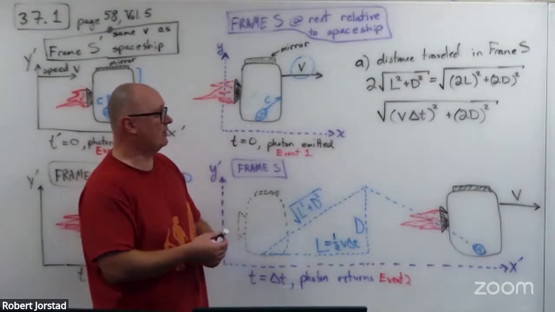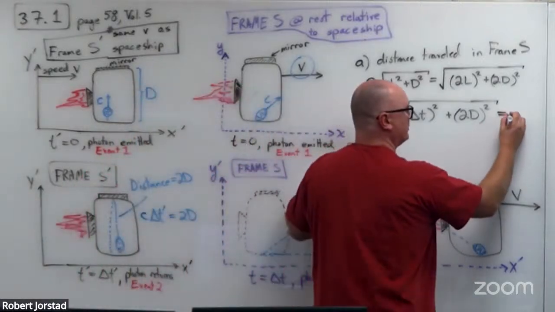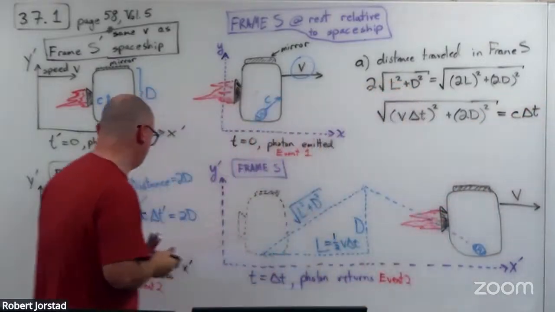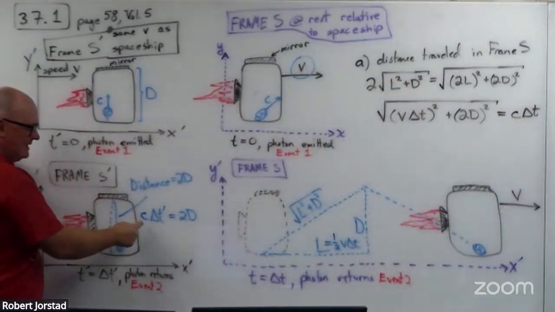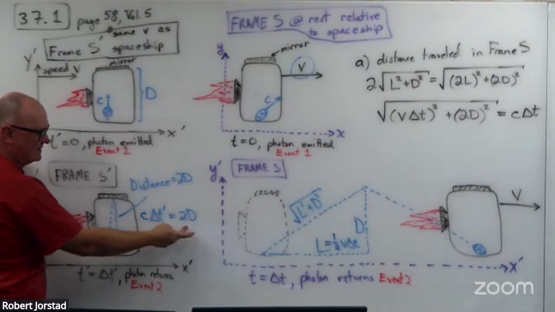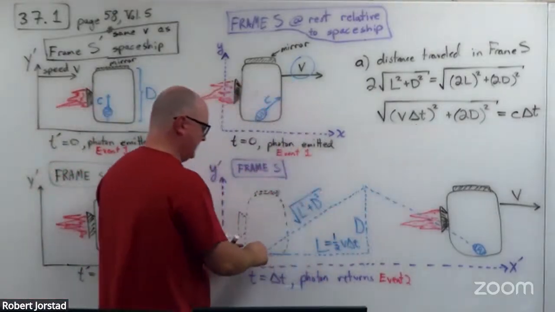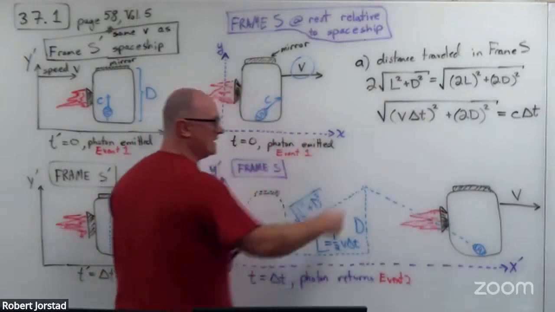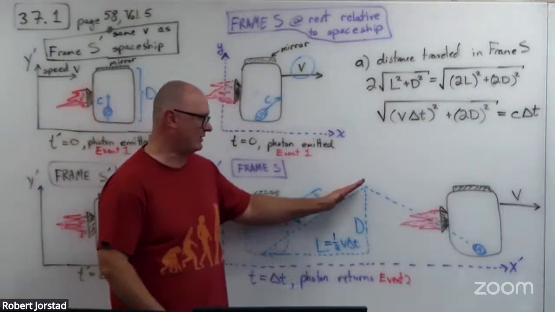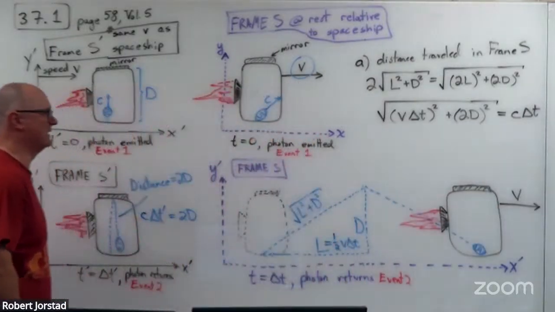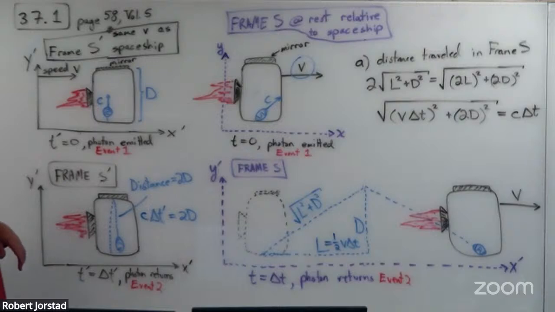Well, I know similarly, this should be c times delta t with no primes. So again, c times delta t prime gives me this distance. Well, this distance should be c times delta t, right? Because it was traveling along this line at that rate. Okay, that's cool.